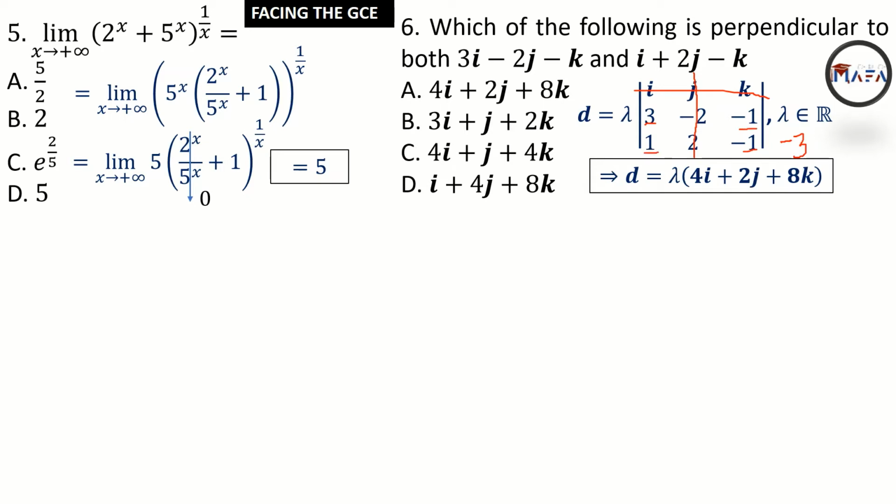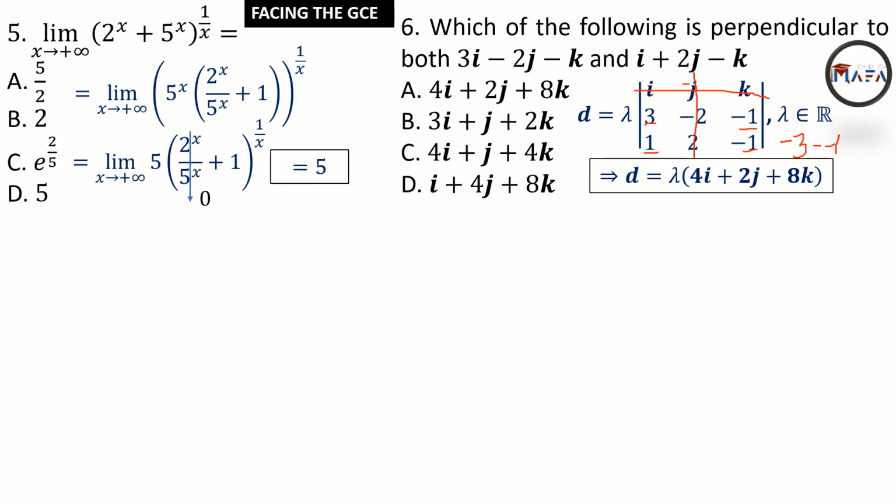So -3 minus -1 is -3 plus 1, which is -2. But since the j component always has a negative sign attached to it for the first row, you multiply the negative sign with our -2 to get +2. So the coefficient of j becomes positive.